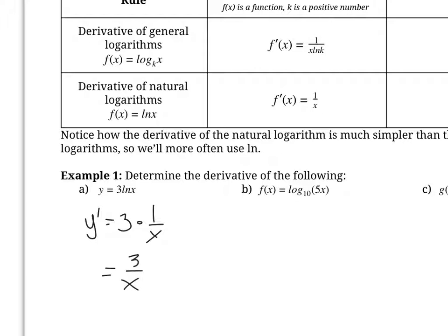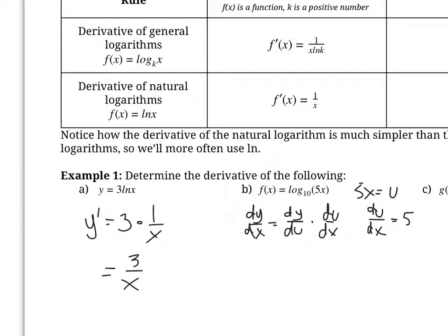If we call 5x u, the derivative is going to be dy by dx equals dy by du times du by dx. And if 5x is u, du by dx is just going to be 5, the derivative of 5x.